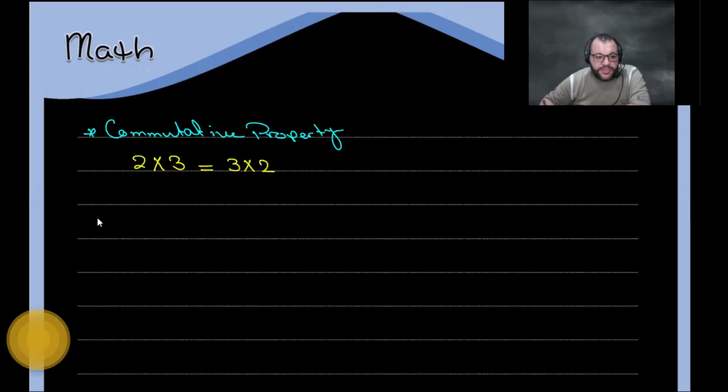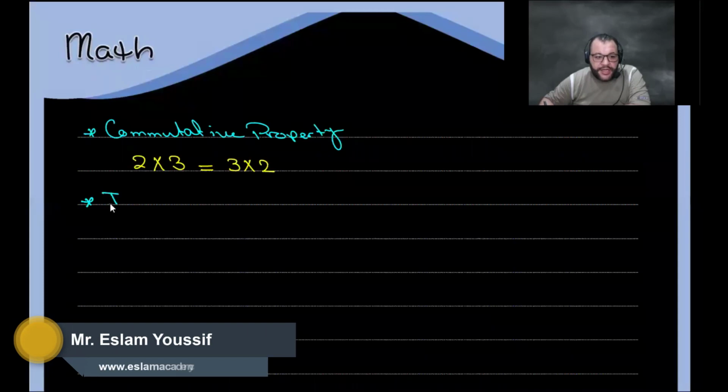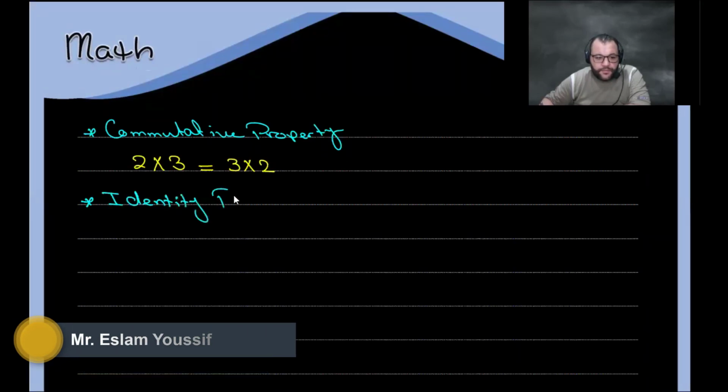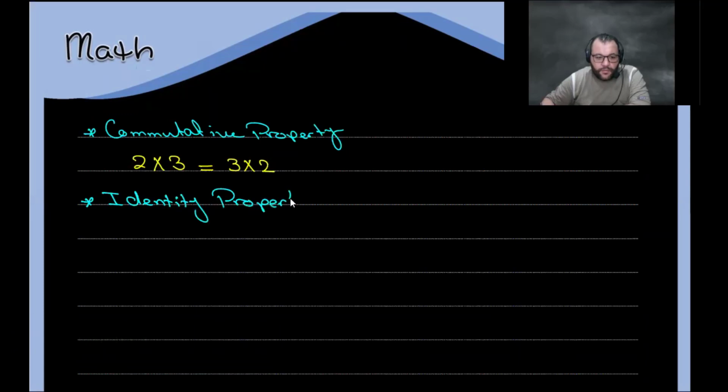The second property that we have is called the identity property. What is the identity property? If you multiply any number by 1, the result will be the same, like 2 times 1 will be equal to 2.